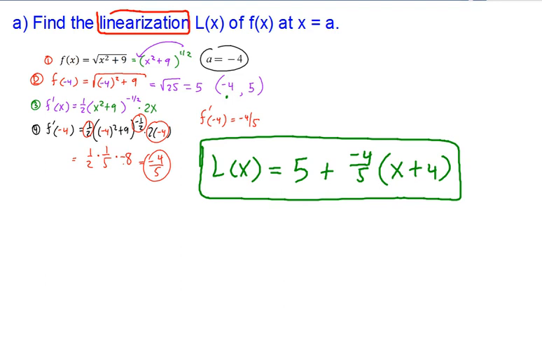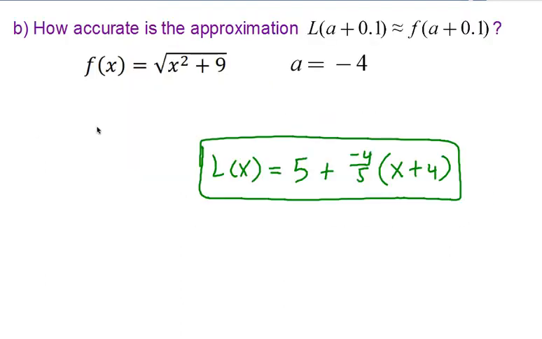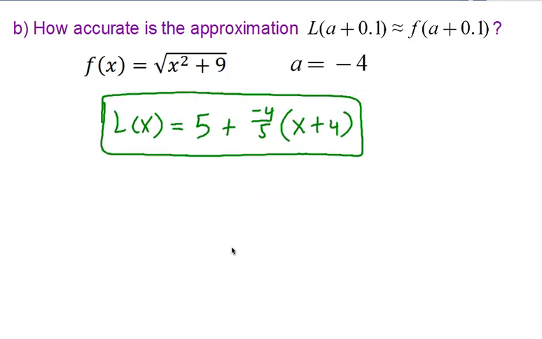Let's take a look at part B, and can I somehow paste this over? Can I copy this here and just paste it over? Bam. All right. Part B says, is this approximation actually any good? Like if I add a tenth to this number, let's see, plus a tenth would give -3.9.